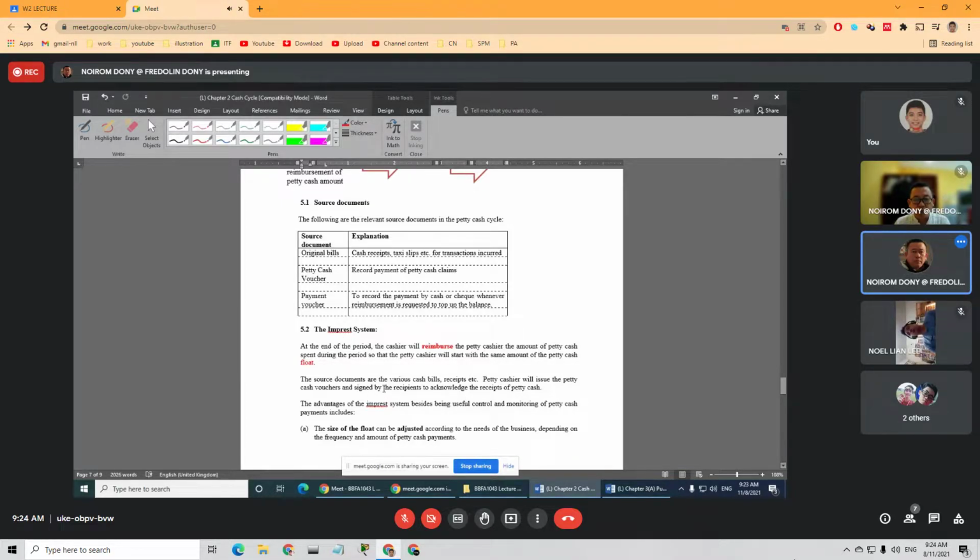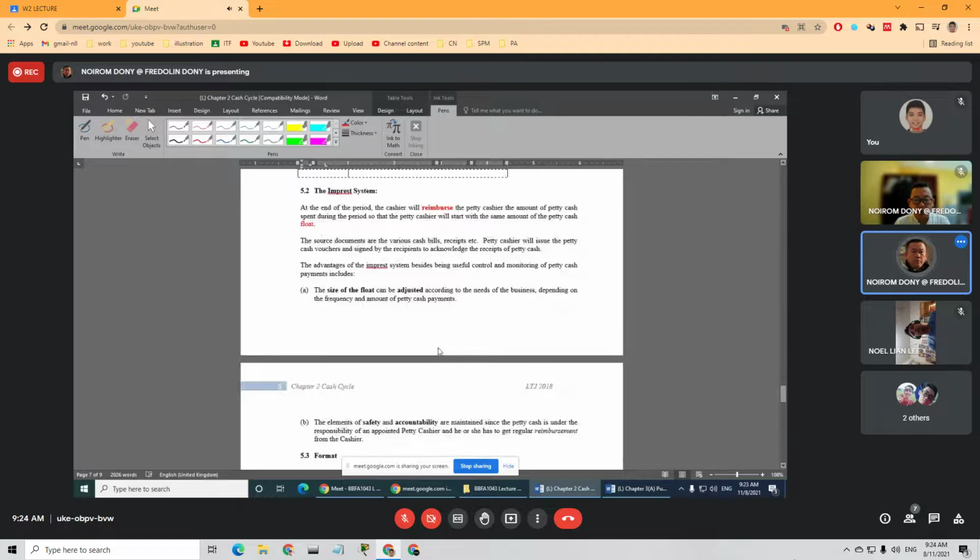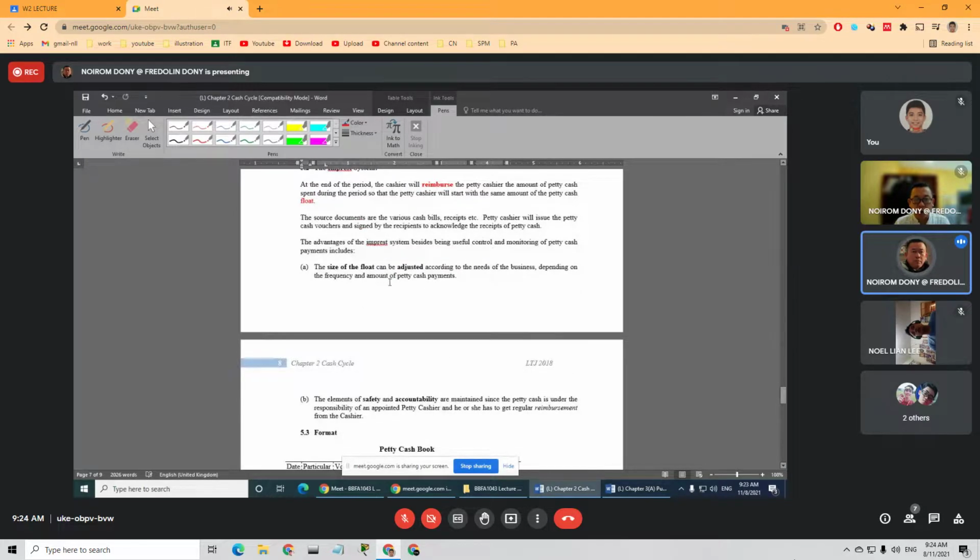Now the advantage of imprest system, besides being useful for control and monitoring petty cash payment, these are the advantages. So sometimes you have this in the exam question. The size of the float can be adjusted according to the needs of the business, depending on the frequency and depending on the amount of petty cash payment.